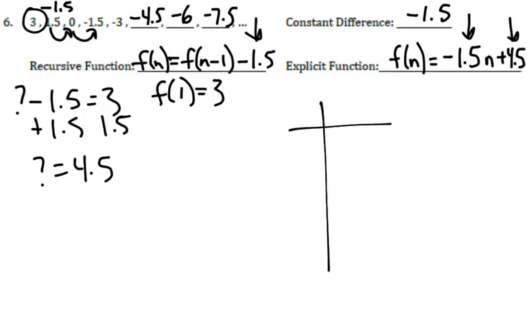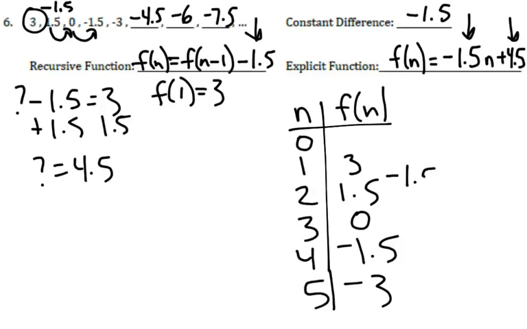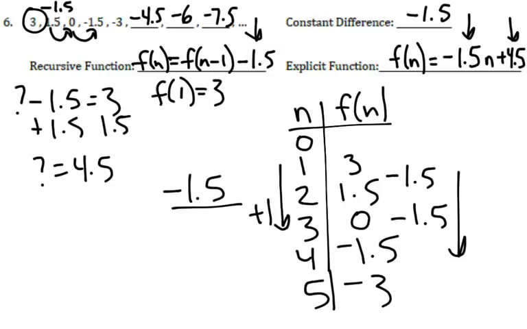If you weren't sure, make a table of values. We've got 3, 1.5, 0, negative 1.5, negative 3, and so on. This would be our first term, second, third, fourth, and fifth. We're subtracting 1.5 each time. So as this one goes, we go by negative 1.5. This one, we're adding 1 each time.